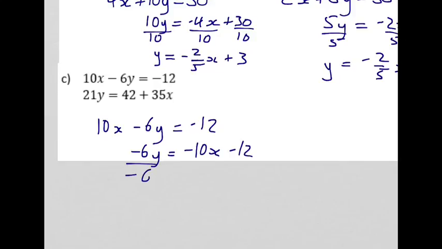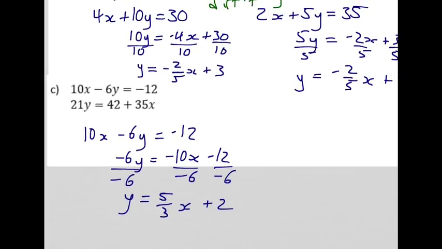Divide everything by negative 6. All I did here is negative 10 over negative 6 reduces to 5 over 3. The negatives will cancel, and I just divided each one by 2. And then negative 12 over negative 6 is positive 2.